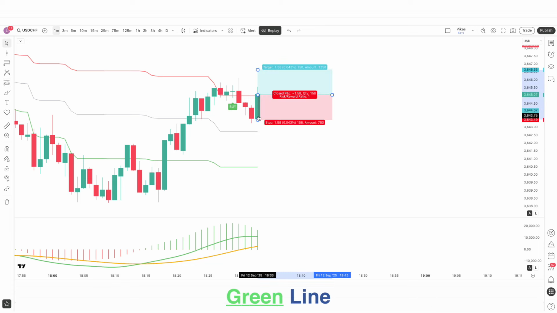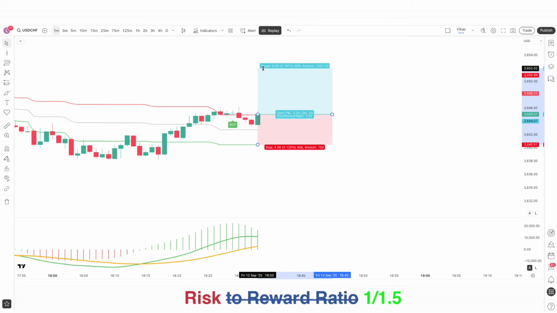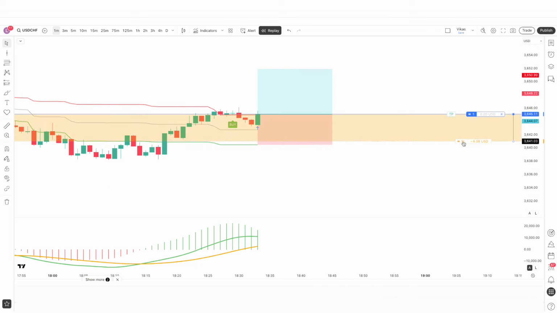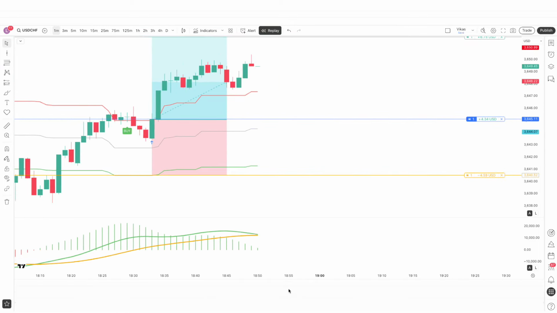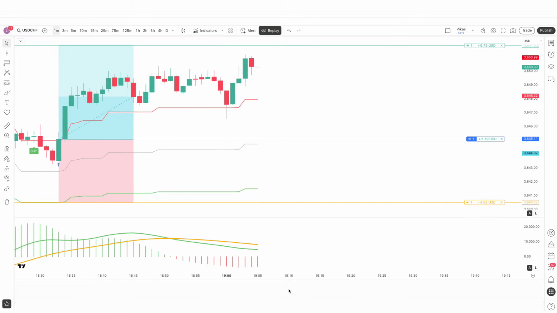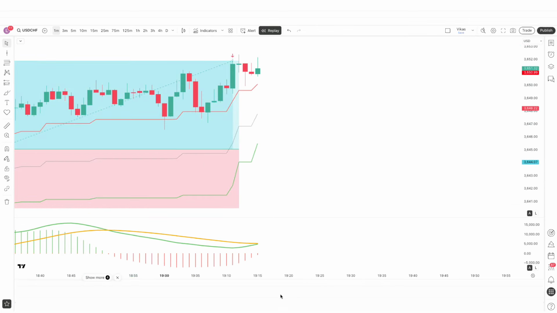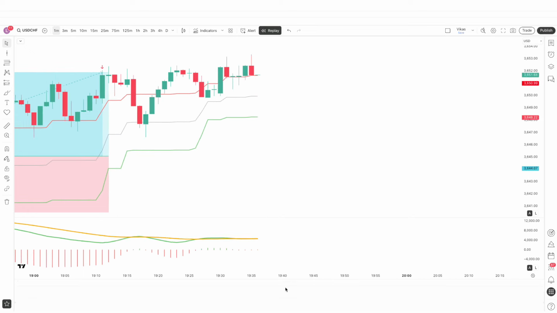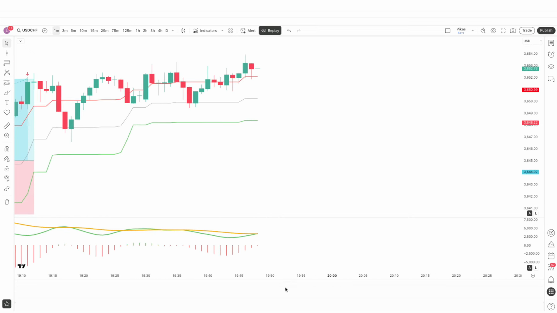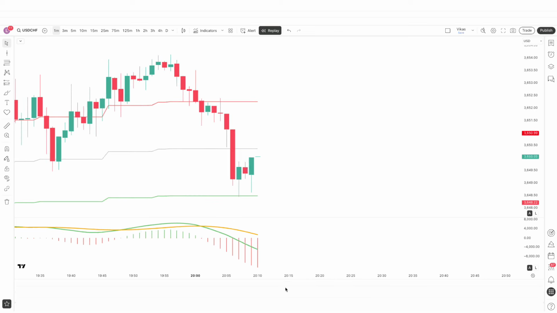Our stop loss should be at the green line, and the risk to reward ratio will be 1:1.5. The market has completely hit the target. I hope you must have understood this trading strategy. If not, then it doesn't matter. We are going to see examples of some trades so that you will definitely understand.